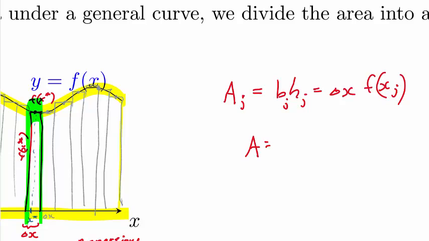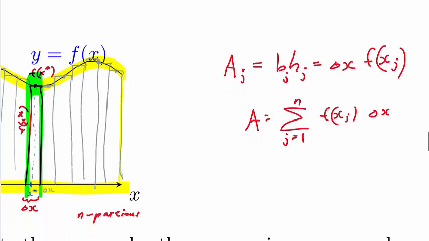So what we're going to do is use this symbol right here to go from the first partition all the way down to the last partition. And this would be f of xj times delta x, which is just the same for all of them. We'll put that on the outside right here. There we go, and that's the area for everything.